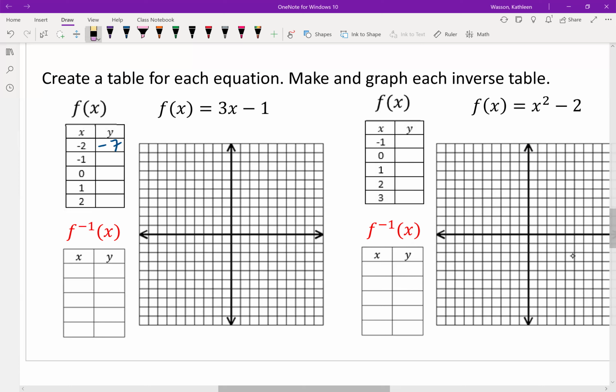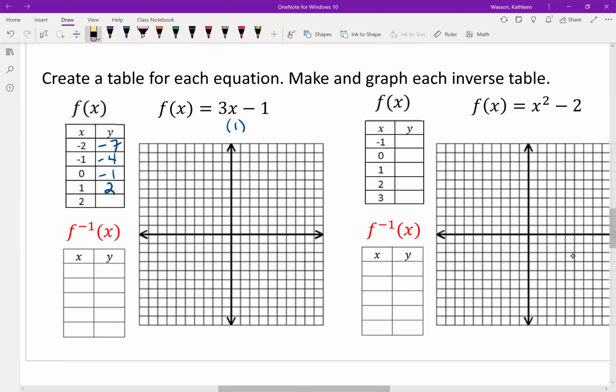If instead I substitute -1, I'd have 3 times -1, which is -3, minus 1. That's -4. When x is 0, I'll have 3 times 0 minus 1. That's -1. And if x is 1, I would find 3 times 1, which is 3, minus 1 is 2.